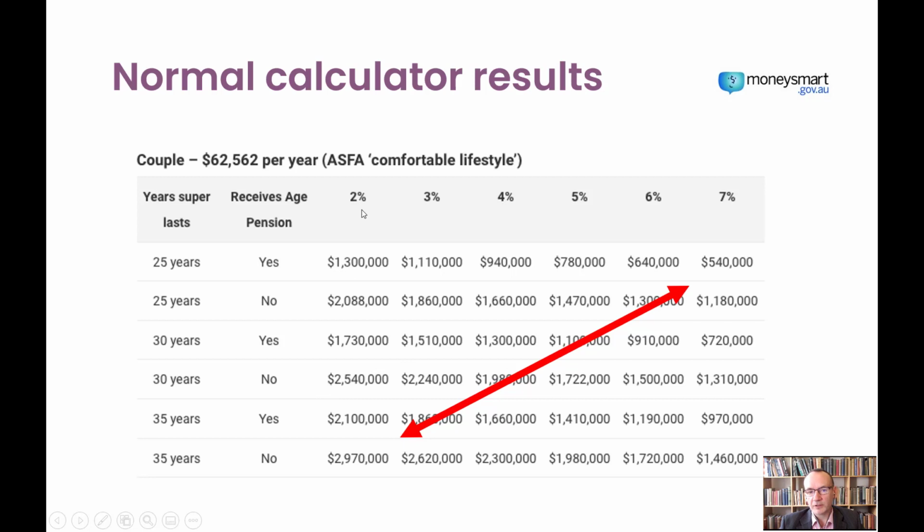Whereas if they only earn 2% per annum, and their super needed to last for 35 years, and they didn't get any age pension, then the figure they'd need to save to achieve that ASFA Comfortable lifestyle, the model spits out as $2.97 million. So you can see what an extreme range it could be, depending on what you put in for these assumptions.